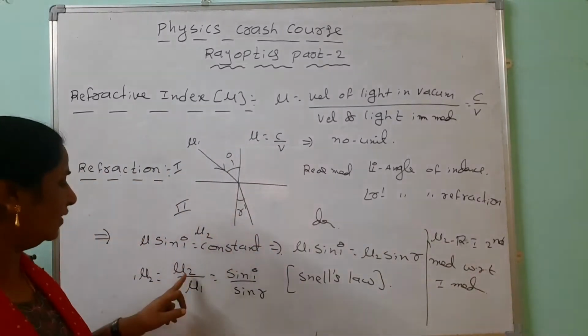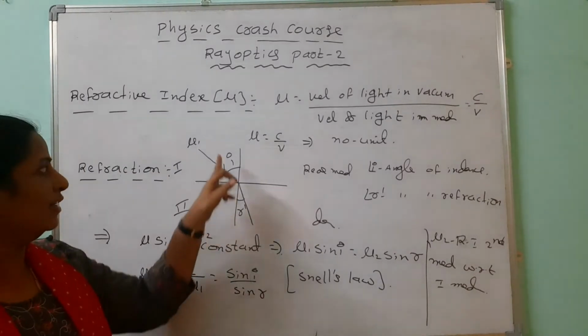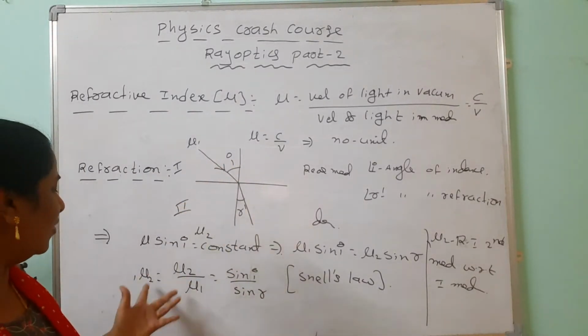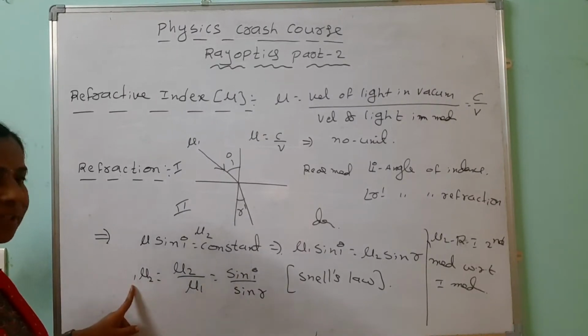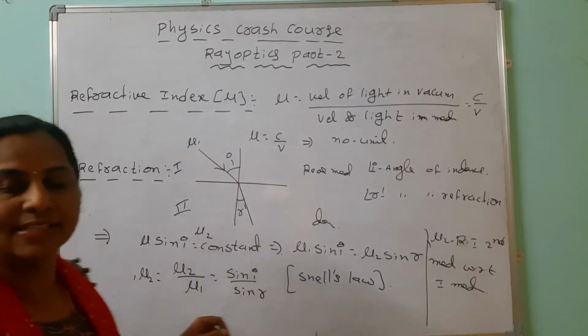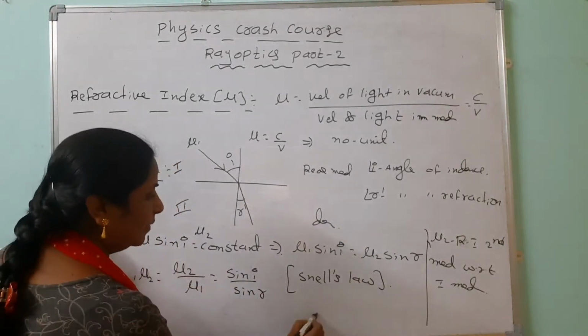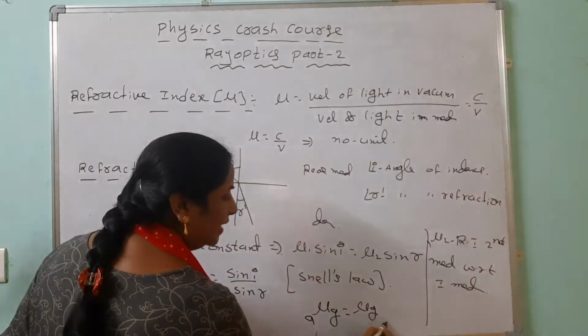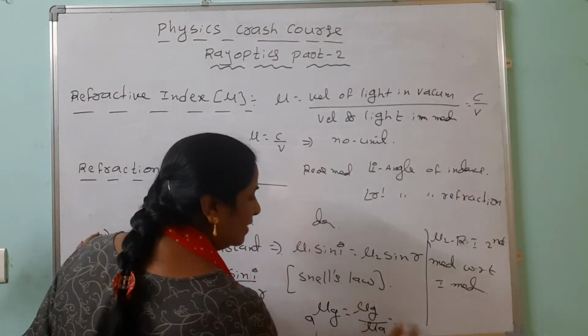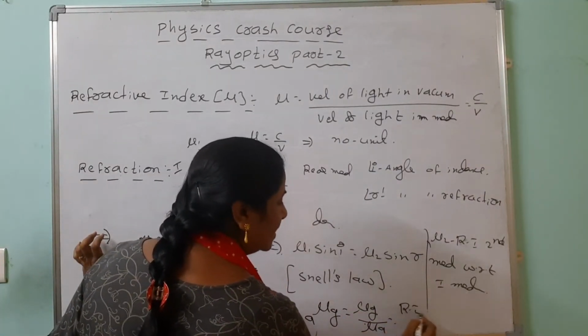Suppose the second medium is water and the first medium is air. So mu2 1 means refractive index of water with respect to air. Suppose you are taking glass, you can write mu g a. What is the meaning of this? You should write it mu g by mu a. This is the refractive index of glass.